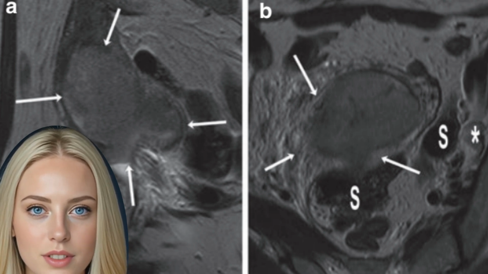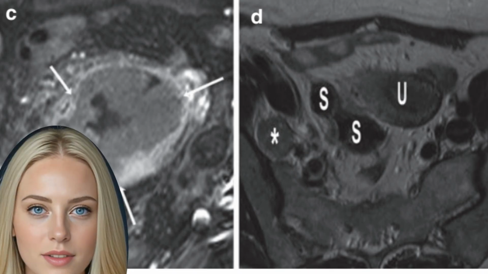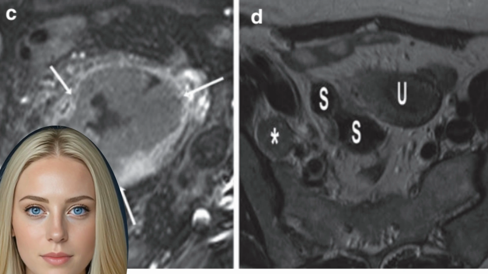In MRI, the mucosa of the normal cervix appears hyperintense in the native T2WI, whereas the cervical stroma is hypointense. Cervical cancer appears hyperintense in the native T2WI in relation to the hypointense stromal tissue.